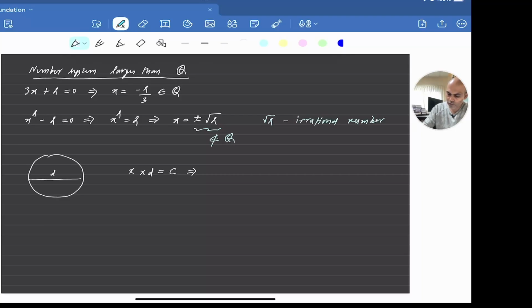So we will have to solve the equation x equal to c by d. We know that the circumference of a circle is 2 pi r and the diameter of the circle is 2r. So this gives us the answer x equal to pi. It is also an irrational number.